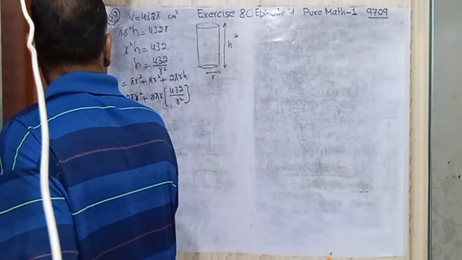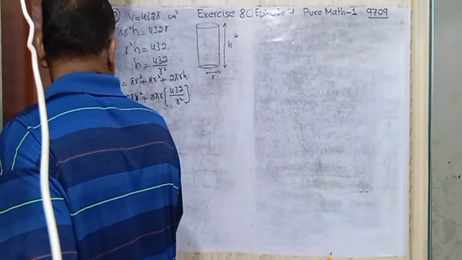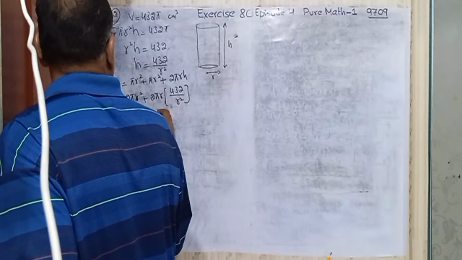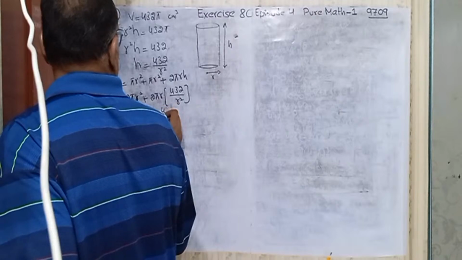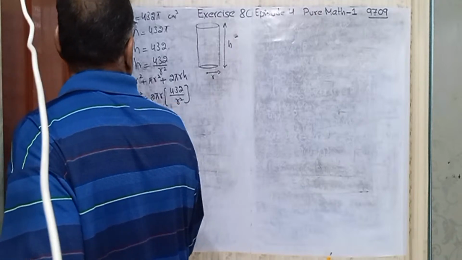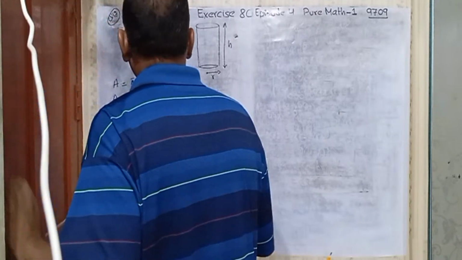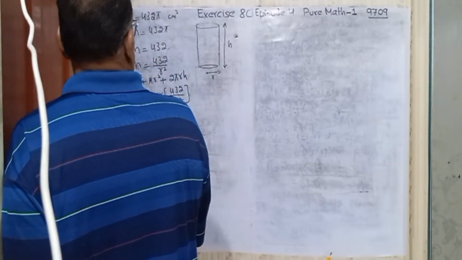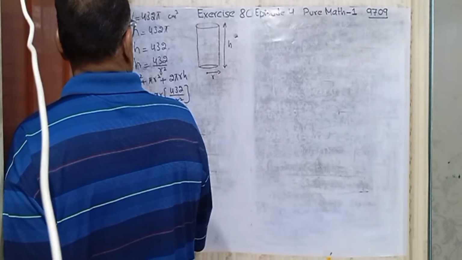So you will have area equals 2 pi r square, and this r. So you will have 2 2s are 4, 2 3s are 6, and 2 4s are 8. And you will have pi divided by the r.